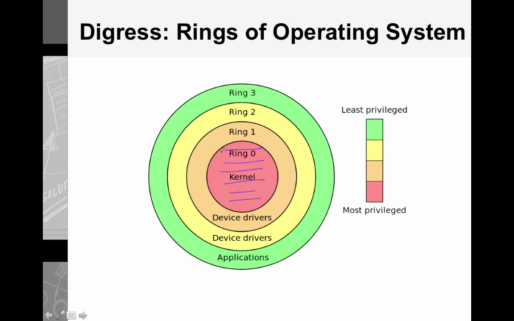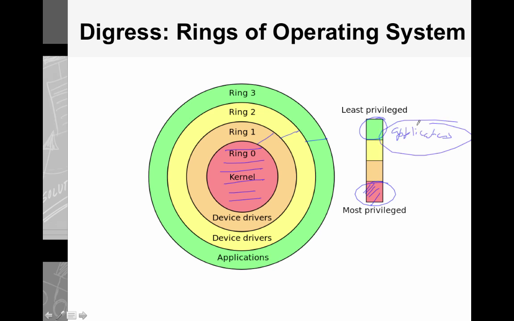It's also called the most privileged ring. This is where all the kernel logic is executed. Then there is ring 1, which is where the device drivers are executed, and ring 2 is also device drivers. And then ring 3 is where the applications run. So ring 0 is the most privileged, where the kernel code runs for the operating system, and ring 3 is the least privileged. This is where your applications run.